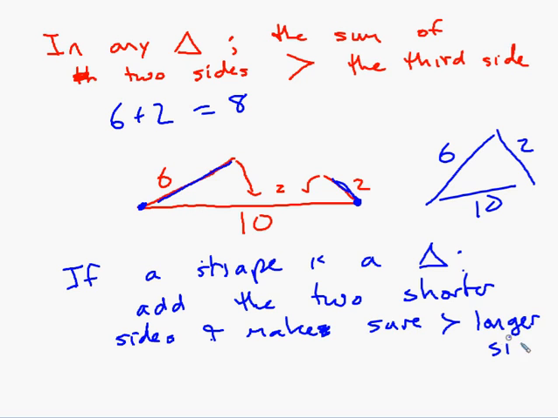I don't need to waste time adding the two longer sides because obviously their sum's going to be bigger than the smaller side. So this really applies to any two sides, but the ones that we need to worry about are the two shorter sides.